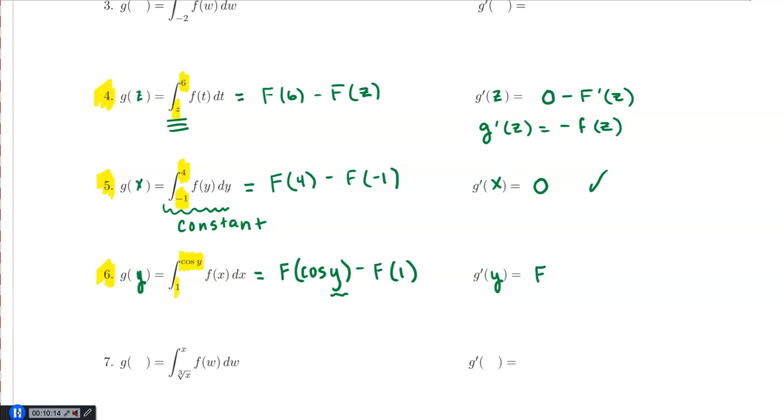So I have capital F prime of the cosine of y times the derivative of the cosine, which is minus sine, and then minus 0 again for the derivative of F of 1. So simplifying a bit as we did in the others, g prime of y equals little f of cosine of y times minus sine of y.